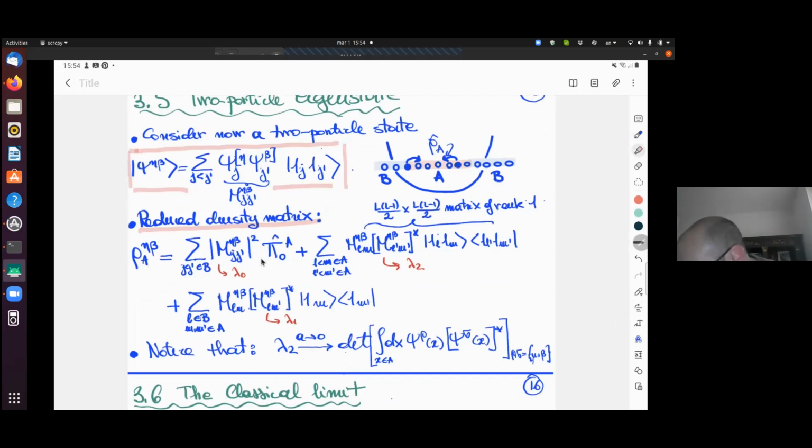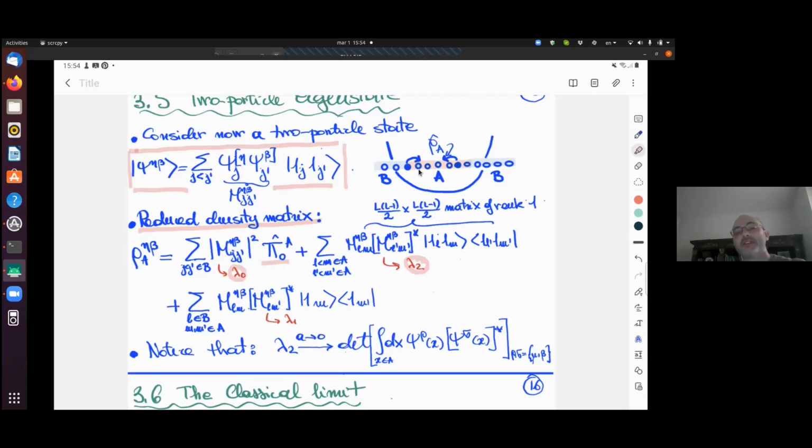They are still orthogonal. There is a projector on the zero particle state, so no particle within A, with a certain eigenvalue lambda 0. There is a projector again of rank 1 on the two particle state, so you observe two particles within region A, with eigenvalue lambda 2. And then there is another matrix, which is more complicated, and it's the projector on the one particle state.